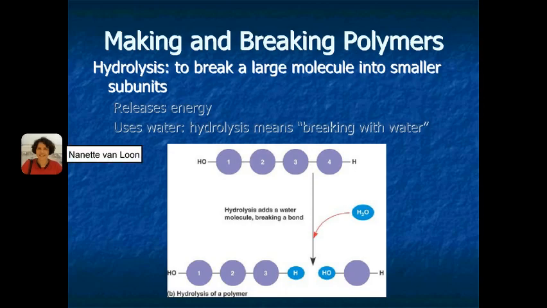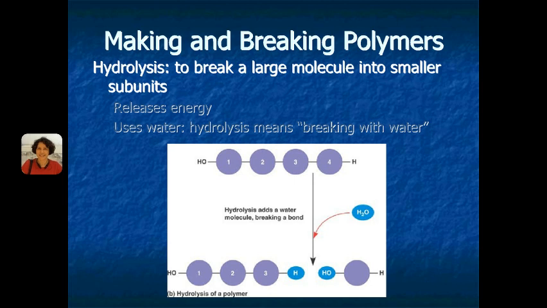A hydrolysis reaction is the opposite of a synthesis reaction. In a hydrolysis reaction, we're going to be breaking a larger molecule into smaller ones, and the procedure is also the opposite.